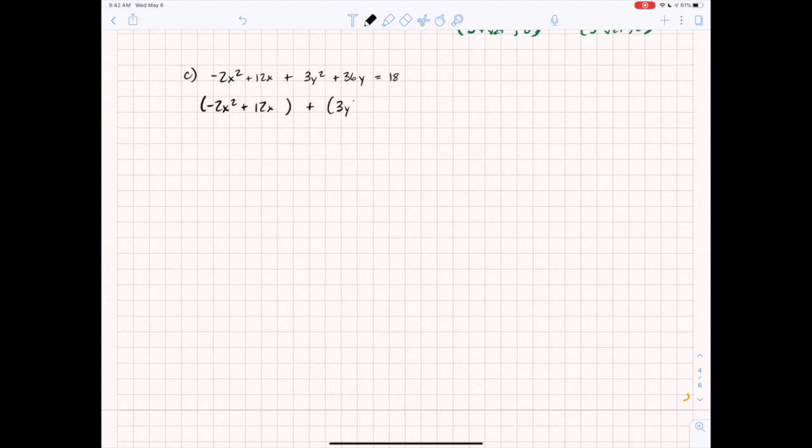Plus 3y squared plus 36y is equal to 18. Now here in the first parenthesis, I want my first term to be positive, so I know I'm going to be factoring out a negative. I'm also going to be factoring out a 2, because that's the only GCF I have between these two x terms. So then this changes to x squared minus 6x, and I'm going to leave an empty space there. Then plus, over here I'm factoring out a 3.